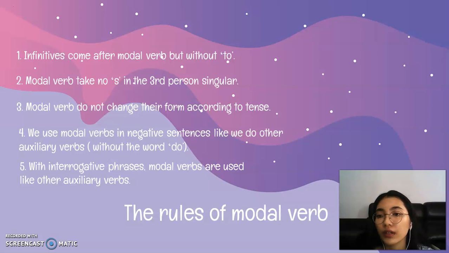And the third rule is that modal verbs do not change their form according to the tense. So modal verbs don't change and they stay exactly what they are. And the next one is that we use modal verbs in negative sentences like we do other auxiliary verbs, without the word do.